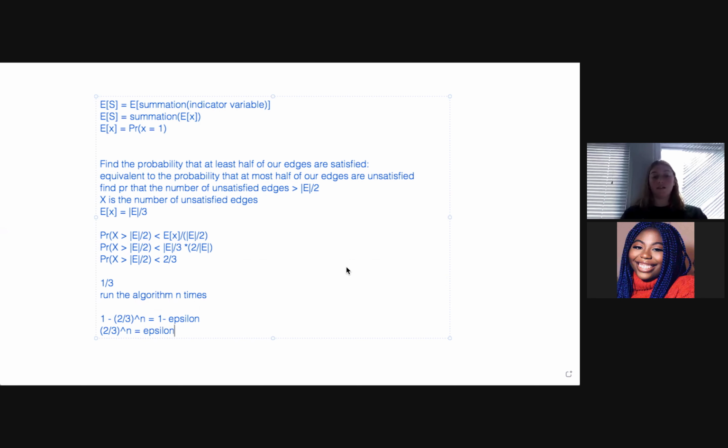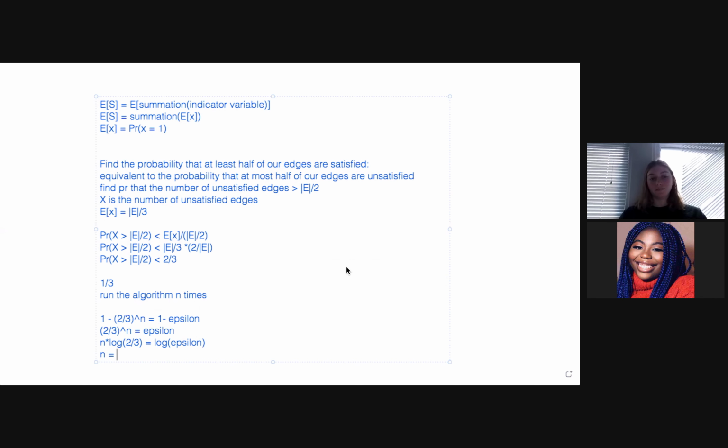If you use the log there, you can just leave your n as a fraction of logs, like log epsilon over log 2/3.